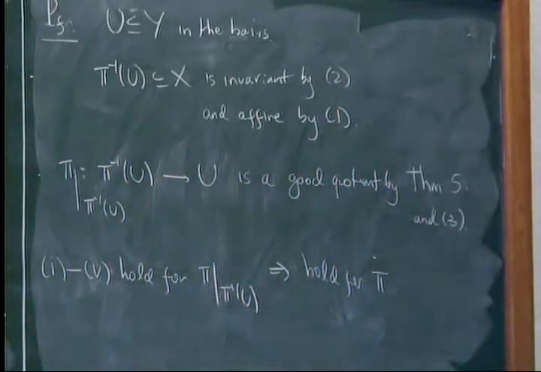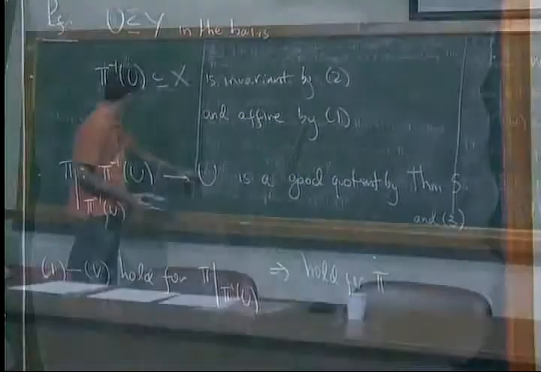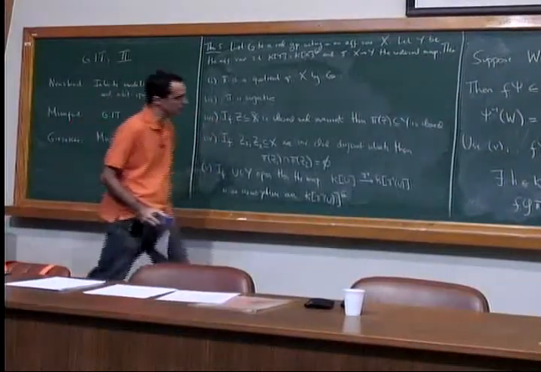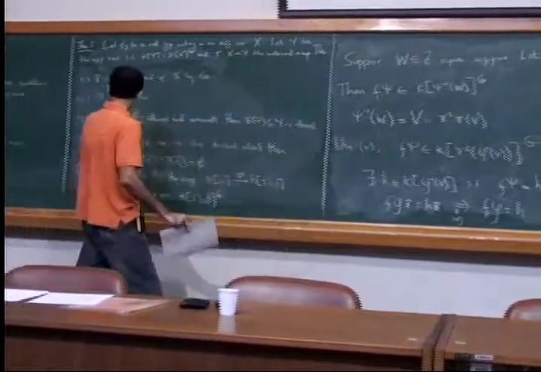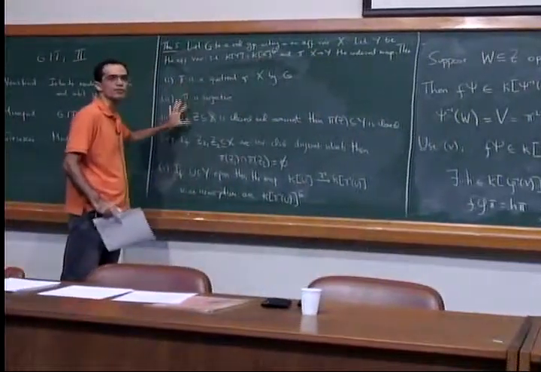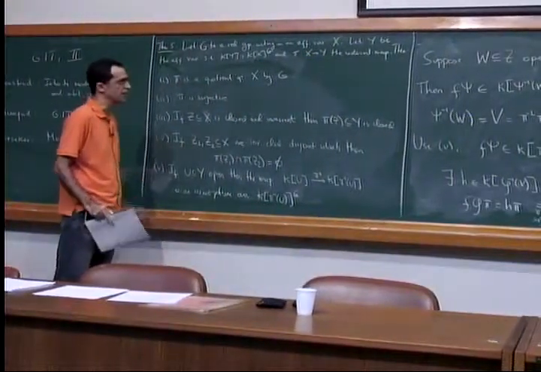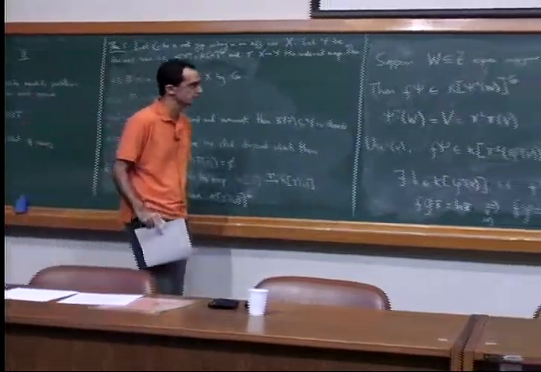Okay, so 2, 3, and 4 are actually very simple. 5 is given. Right? 1 is you have to reason just as I reasoned here. So it's the same reasoning using the already proved properties, 2, 3, and 5 for the map pi.